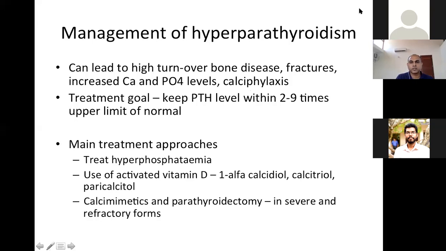Yeah, there are a few questions, you see. If CKD has low calcium, why do we give non-calcium phosphate binders? Yeah, the problem in CKD is that the serum calcium level does not really reflect the total body calcium.